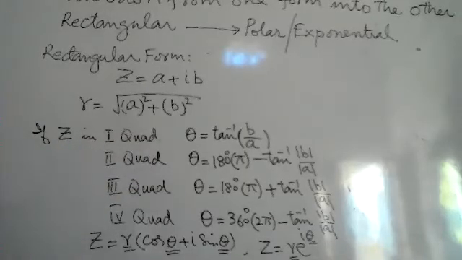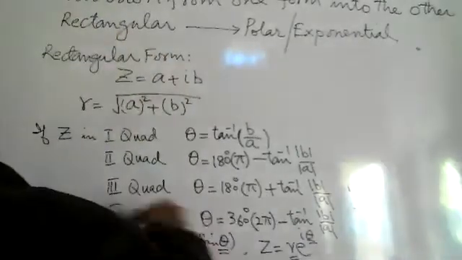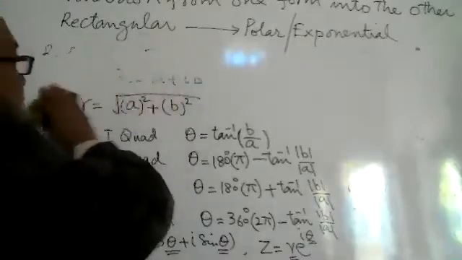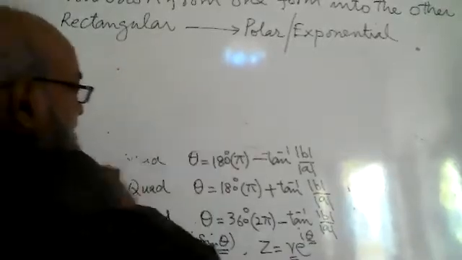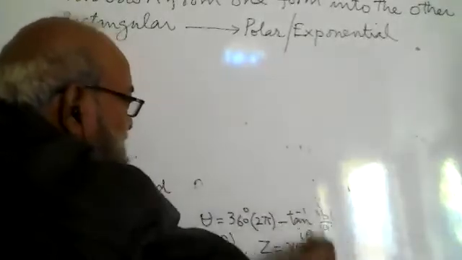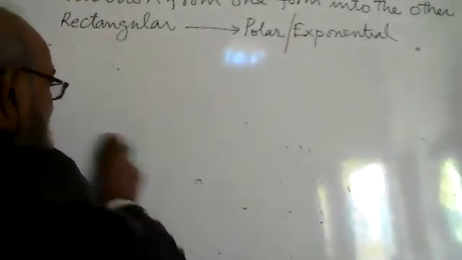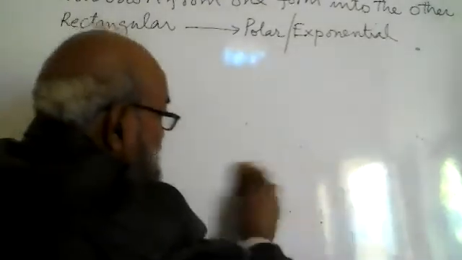Sometimes it is not in a quadrant; it is in between two quadrants. First we'll practice these questions in a quadrant. Then we will do the ones that are in between two quadrants.